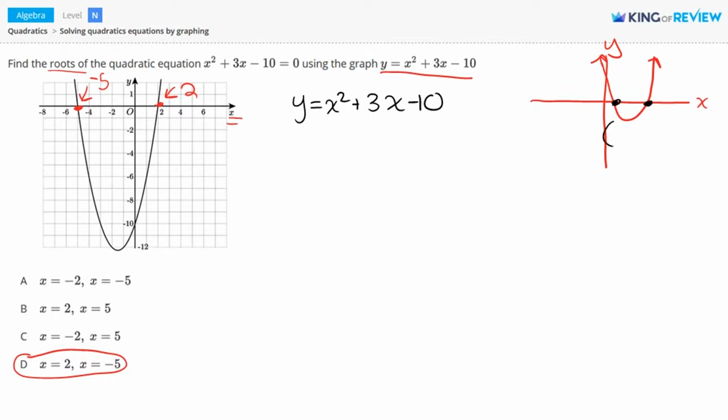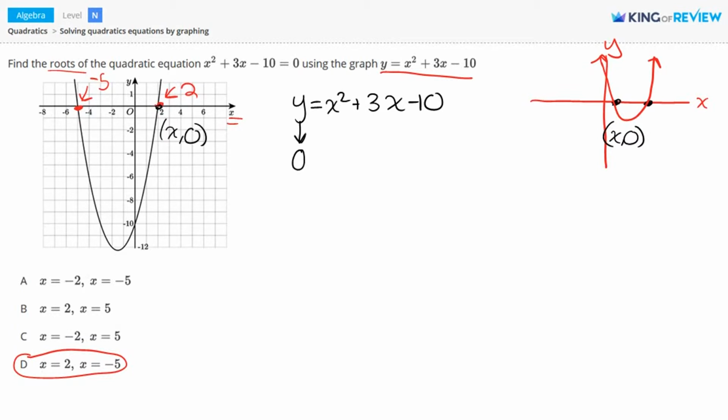So these points here would have an x-coordinate, and then the y-coordinate would be 0. And the same here. We know that we have an x-coordinate and the y-coordinate would be 0 because it's an x-intercept.